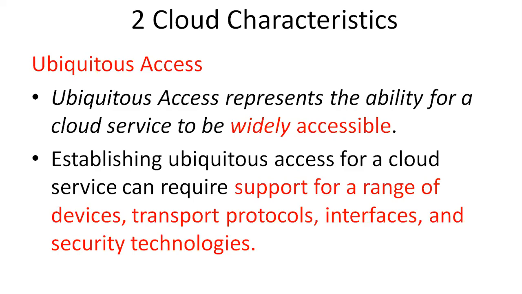You will have transport protocols, application layer protocols, transport layer protocols; different architectures consist of different protocols. The cloud services can require support for a range of transport protocol interfaces.